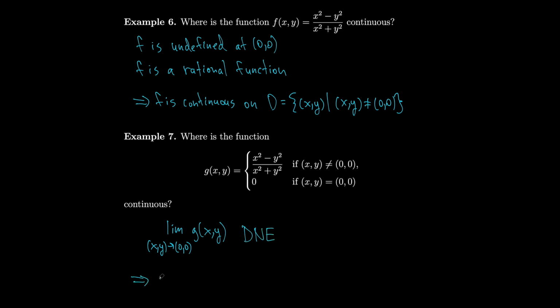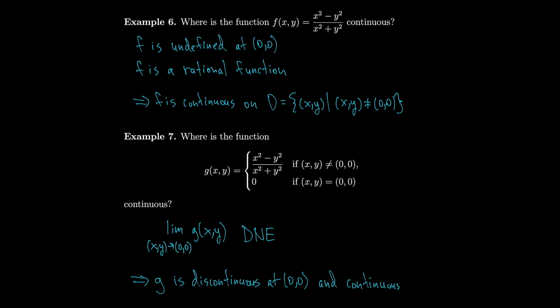So that means that even though it's defined there, g is discontinuous at (0,0). But we said that it's continuous on its domain for the rational part of this piecewise function, so it's continuous elsewhere at least, as it was before.